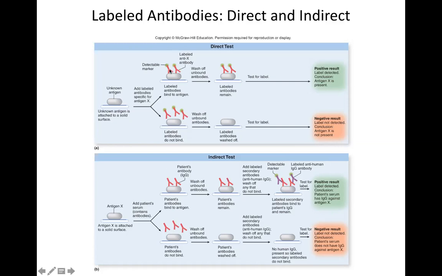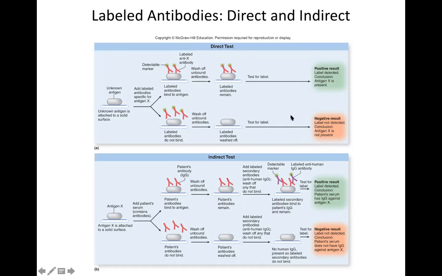So in this case, you mix your antibodies with your unknown agent that's bound to this solid surface. And then you have two options, right? After you've mixed these things together, you wash the sample. If the antibodies have bound, even after the washing step, they stay attached. If the antibodies haven't bound after the washing step, they're removed.